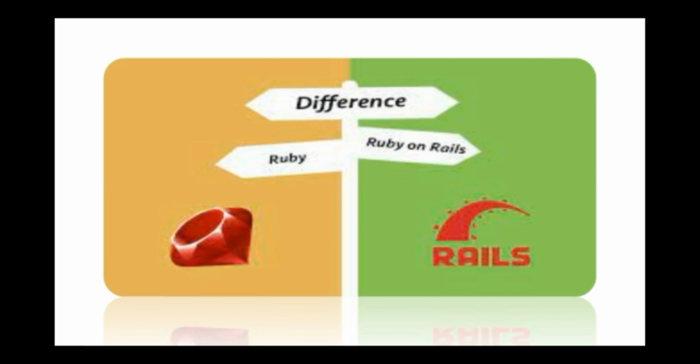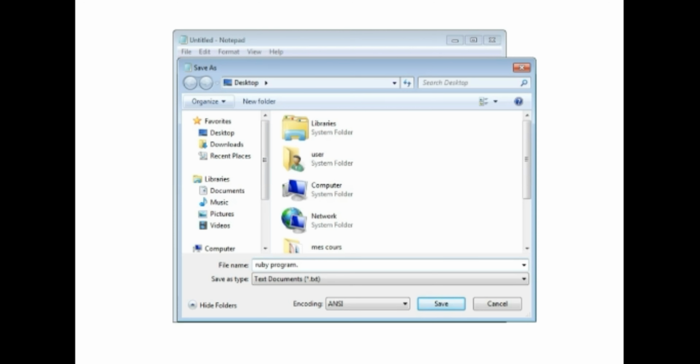Now you should name your file. I will name it Ruby program, and I'm going to add .rb as the extension of the Ruby language. If you forget it, nothing will work.